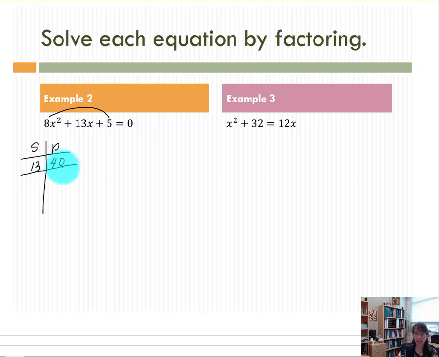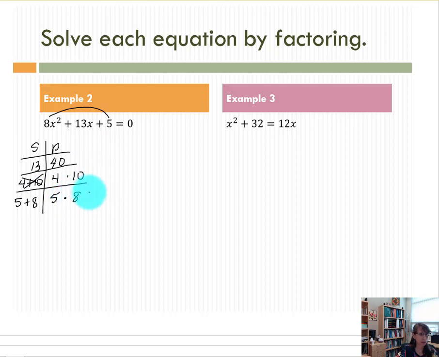So with 40, since it ends with 0, you might be thinking of 4 times 10. But 4 plus 10 makes 14. That won't work. Let's try something else. Let's see. If it ends with 0, it's divisible by 5. 5 times 8 makes 40. 5 plus 8, that does match 13.